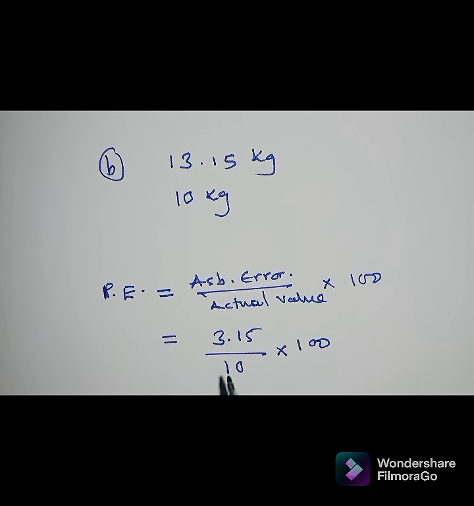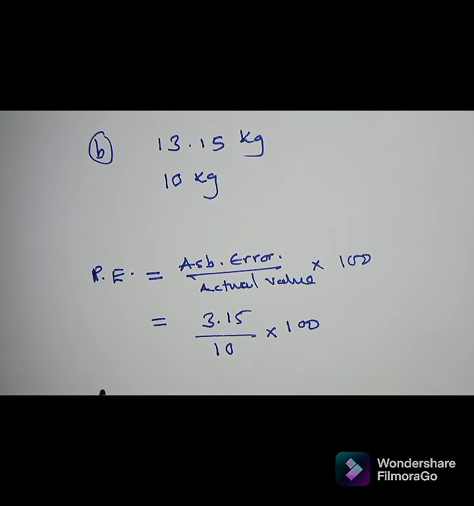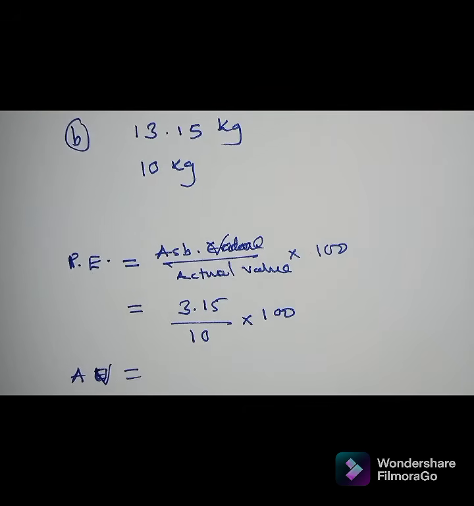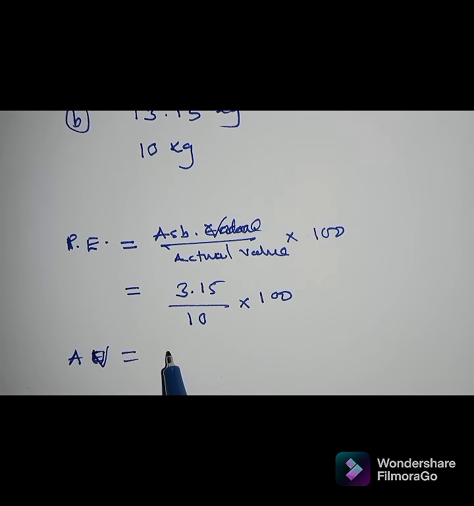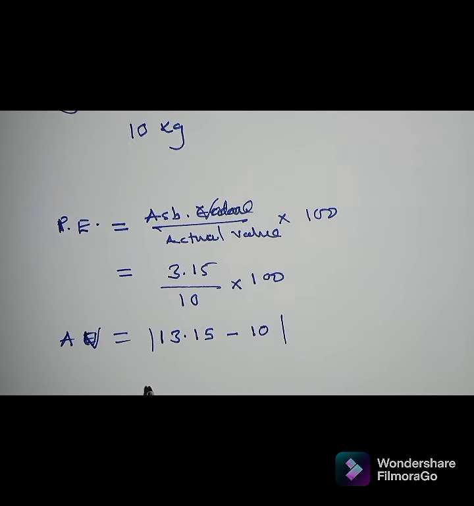Okay, so how did I find this absolute value? When you want to find absolute error, you need to get the estimated value minus the true value.